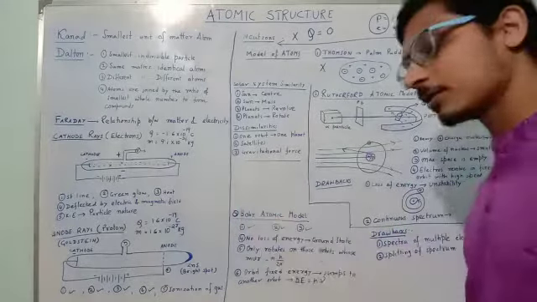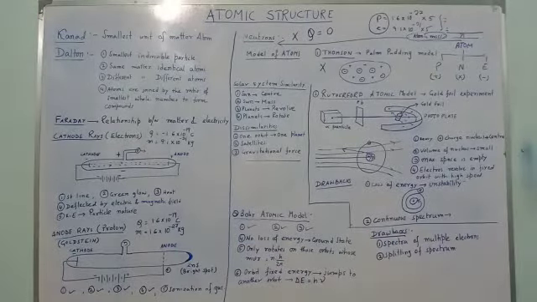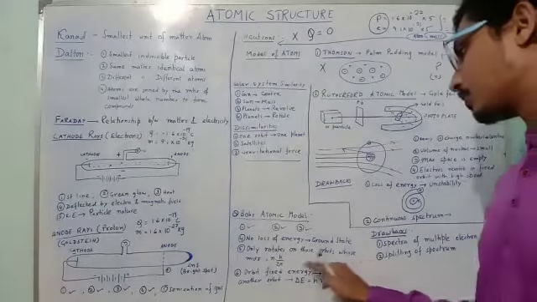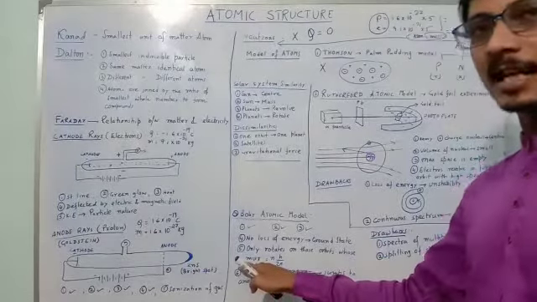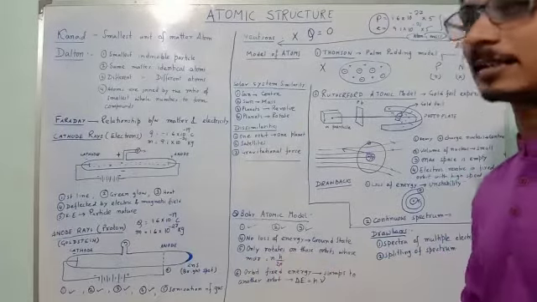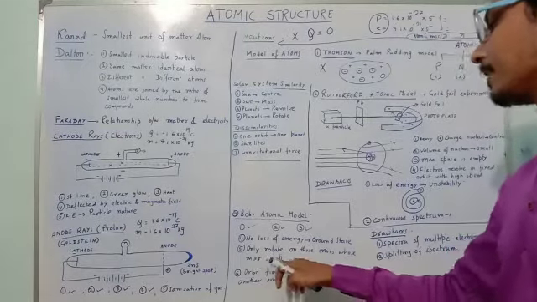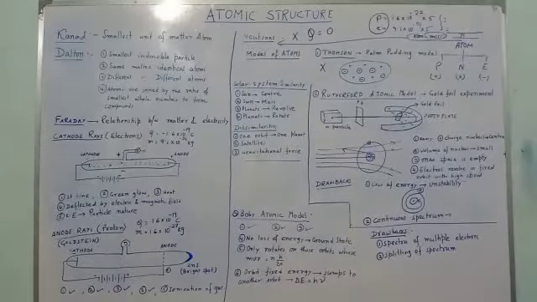And Bohr also said that electrons only rotate on those orbits whose angular momentum mvr is a multiple of h by 2 pi. That is, mvr should be equal to nh by 2 pi.